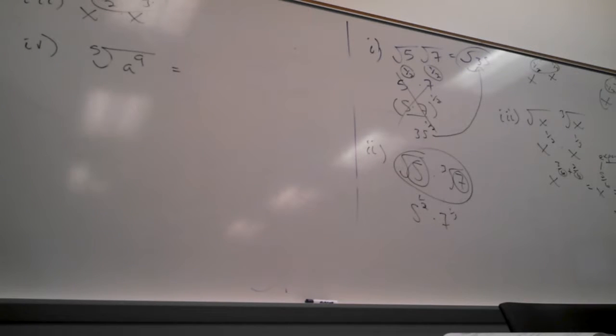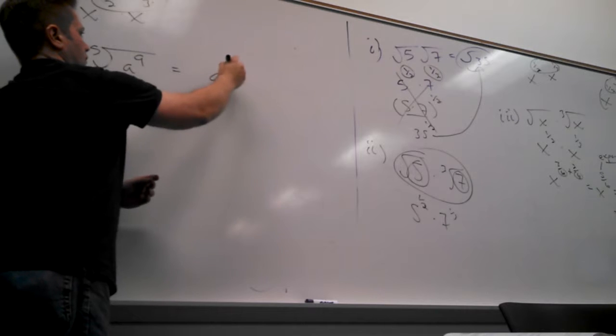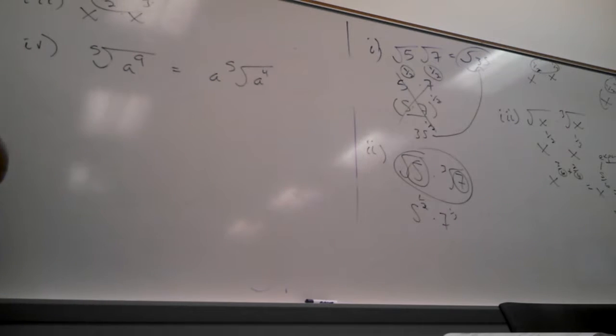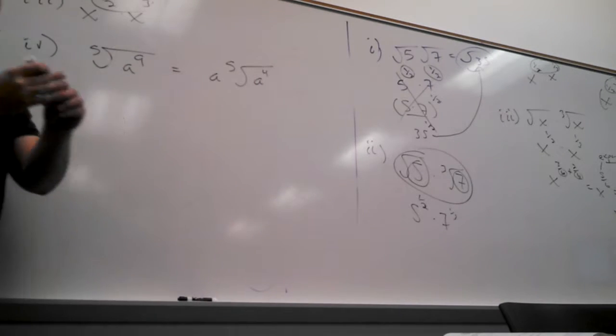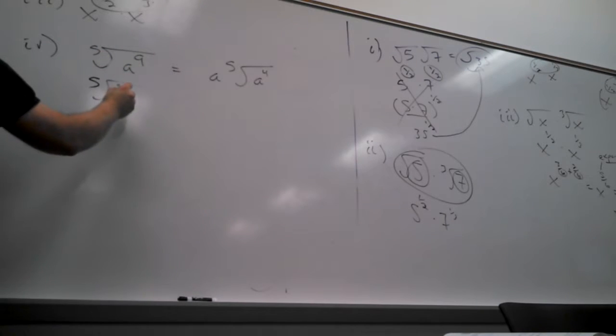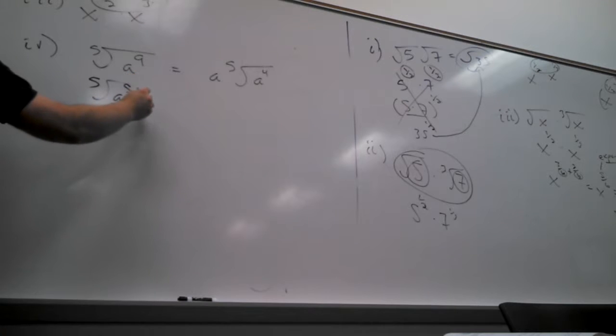That was so long ago. 5 goes into 9 once with 4 left. An alternate way to do this, and sometimes people like this alternate way better because you can kind of see better where things are coming from, is to rewrite a 9 as something the 5 likes times the rest.